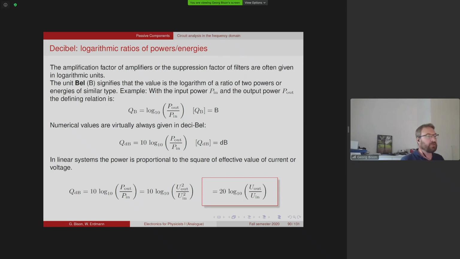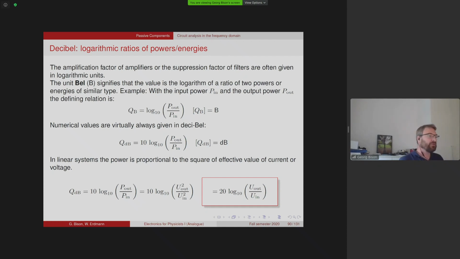So for example, you could have an input power and an output power of an amplifier, and then you could quantify the amplification by dividing the output power by the input power. This gives you a dimensionless quantity, and then we take the logarithm with base 10 of that quantity.